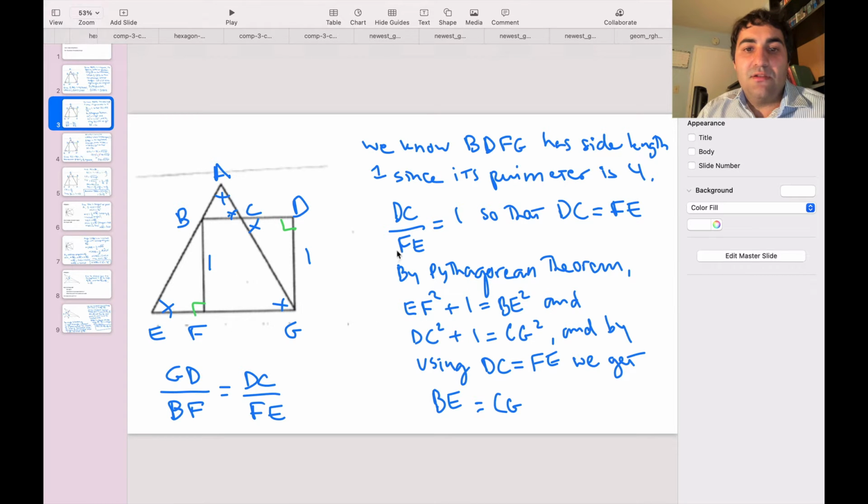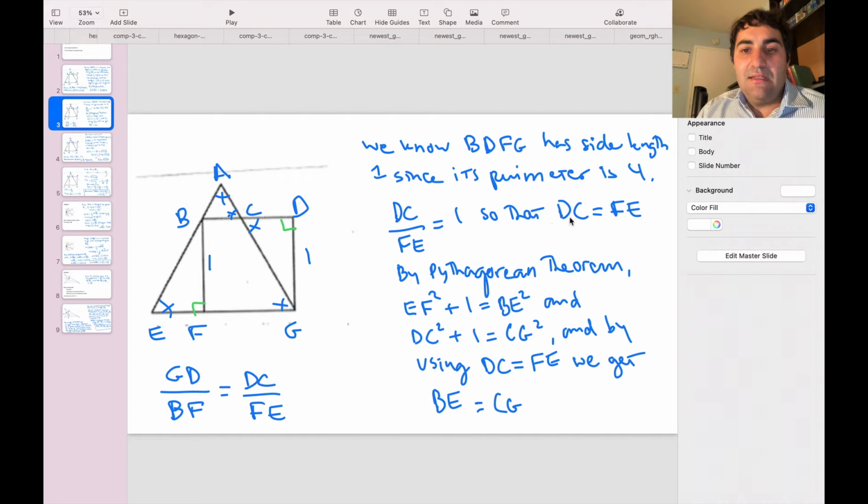So if we do some algebra and simplify, we get DC over FE equals 1, so DC is equal to FE. Now we can use the Pythagorean theorem in this right triangle BFE to get EF squared plus 1 squared equals BE squared, and DC squared plus 1 equals CG squared.